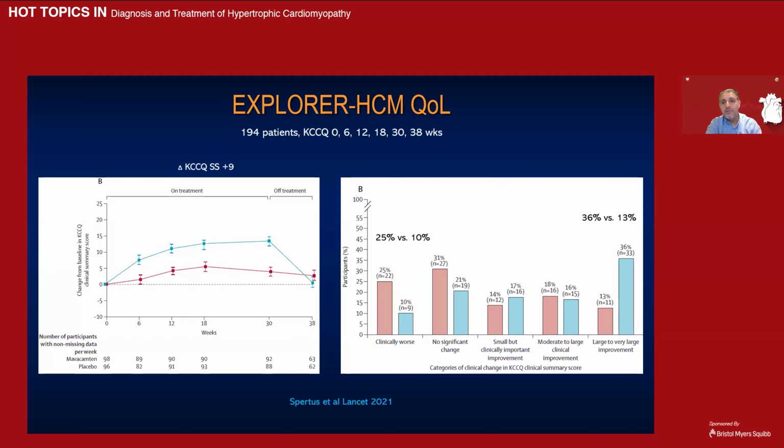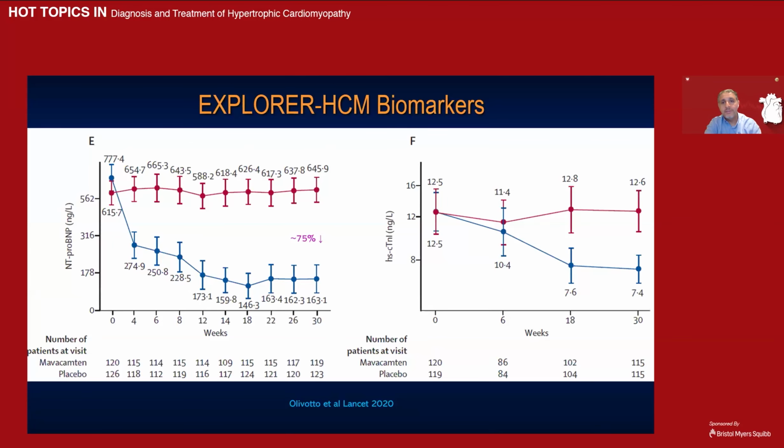And if you look at patients who get large to very large improvement in their quality of life, there is a threefold increase in the likelihood of achieving large or very large improvement with mavacamten compared to placebo. So the hemodynamics get better, exercise tolerance gets better, and also quality of life improves.